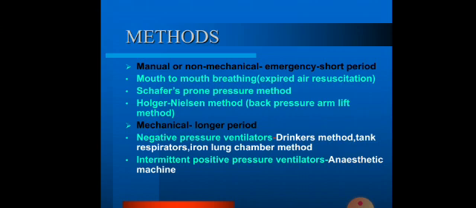What are the methods employed under the manual or the non-mechanical method, and what are the divisions which come under the mechanical method of respiration. So you have the negative pressure ventilators, which can be done with the Drinker's method, the tank respirators, or the iron lung chamber method. The second way of mechanical respiration is the intermittent positive pressure ventilators, where an anesthetic machine is used.